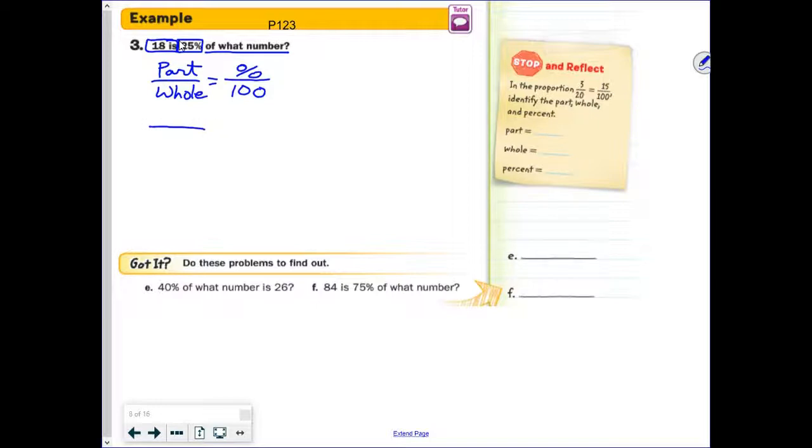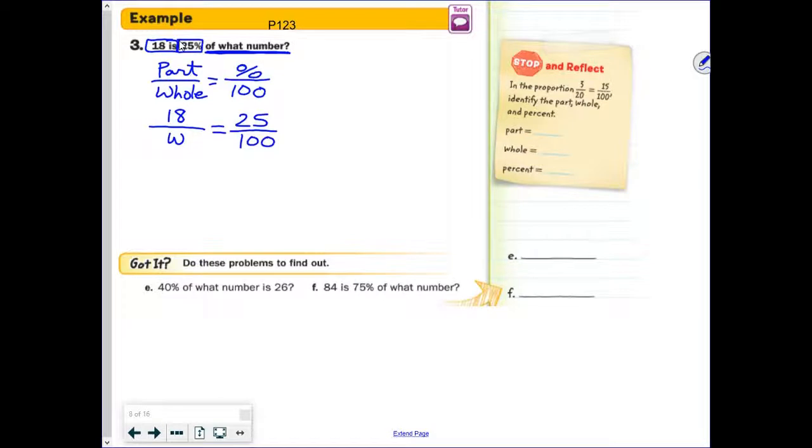Since 18 goes with the word is, it makes it our part, which is going to go on top. Because we are missing an of, we don't have the whole, so we are going to replace that with W. It says here that our percent is 25, so that's going to go on top on the right-hand side, and always on the bottom, we have 100.